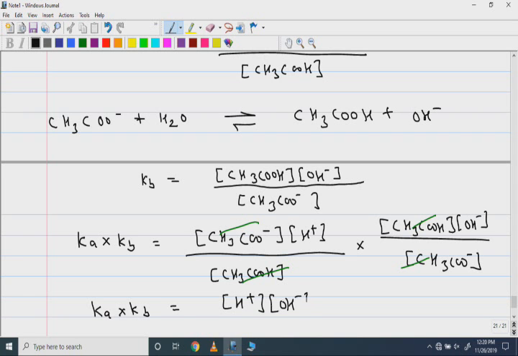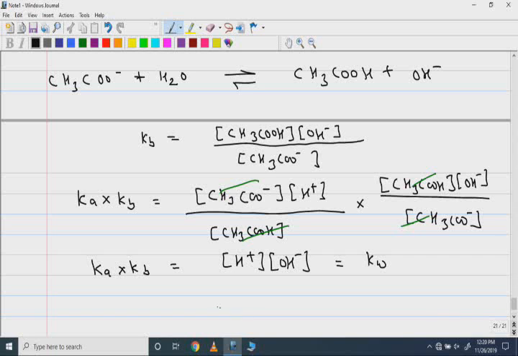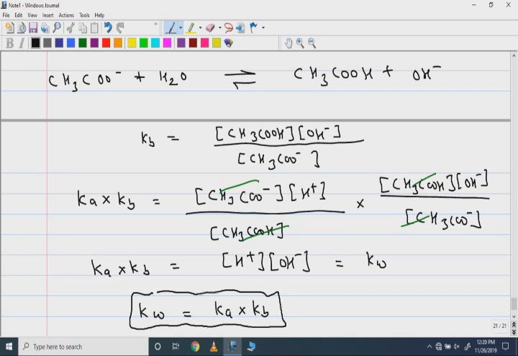I have just previously told you that H plus and OH minus is nothing but Kw. So what can we conclude? That Kw can be written as what? Ka into Kb. First important formula. Copy.